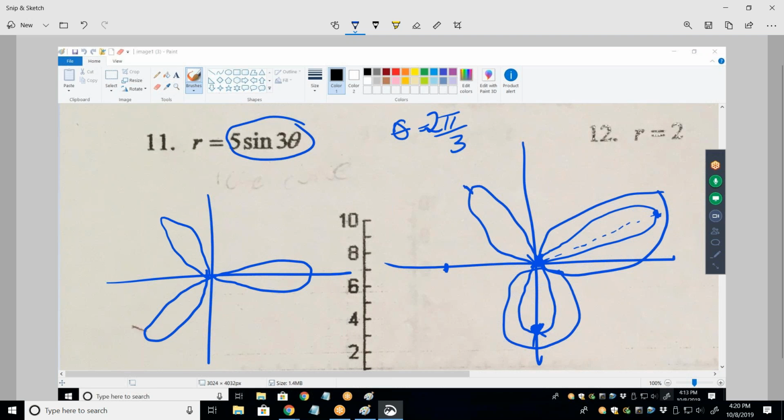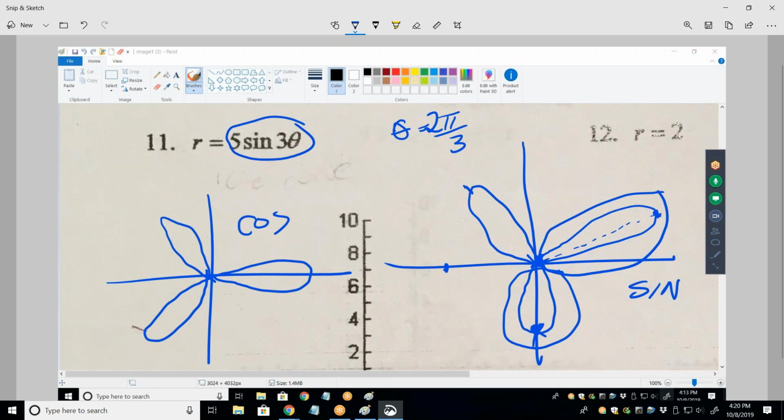I think it's probably the second one. Well, this one is for cosine, and this one is for sine. Notice the difference? Yes, sir. It's like one is just rotated by like 45 degrees over the other one. But it has to do with whether those pedals fall on the axis or not.